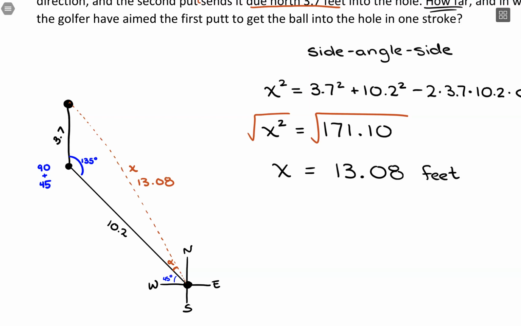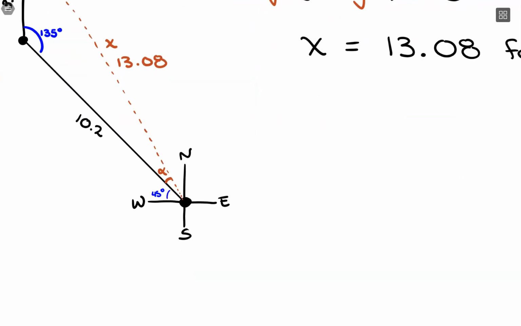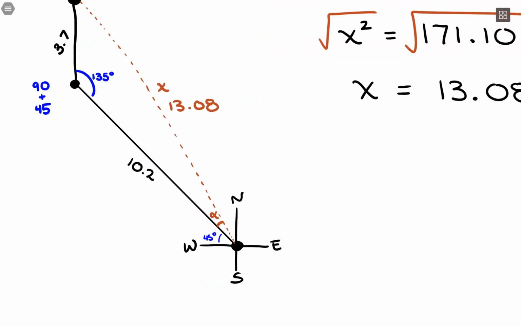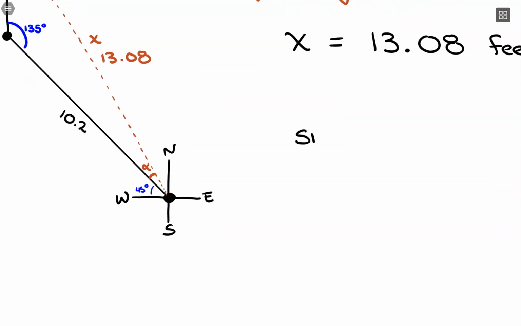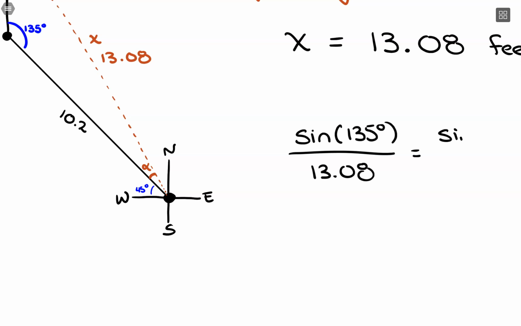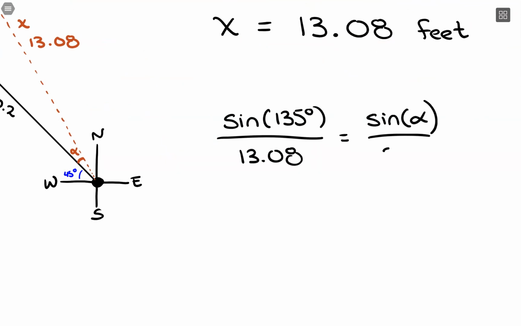So with that, let's look at alpha. So for alpha, what we can use is law of sines. Now we have a nice pairing with this side length and the angle opposite of it. So we have sine of 135 degrees compared to 13.08. And then what we can use is that sine of what I'm calling alpha over the side length that's opposite of it, which is the 3.7.